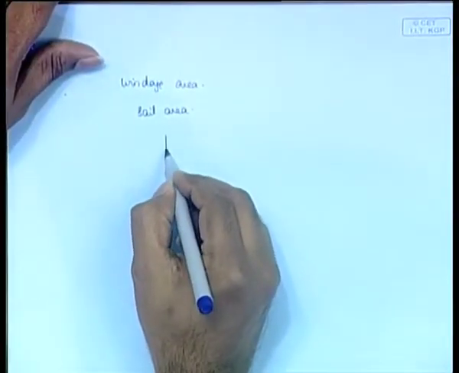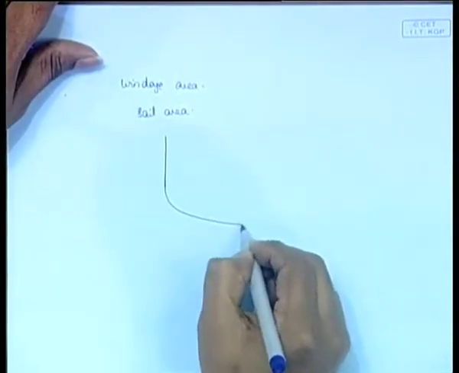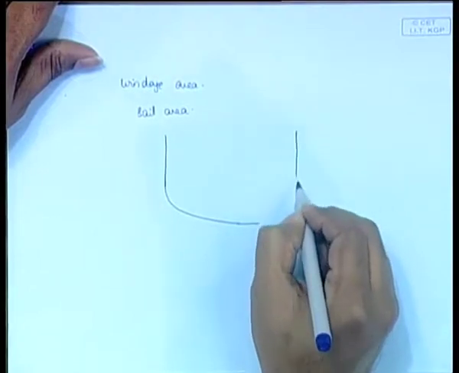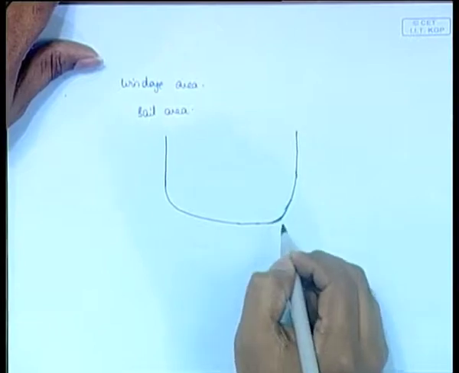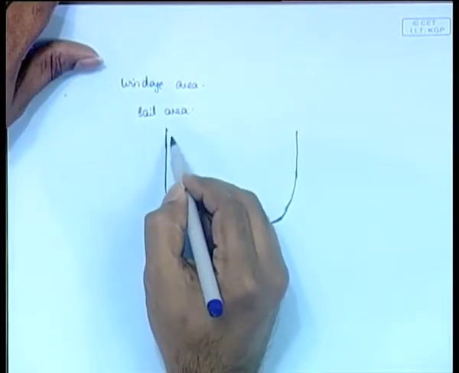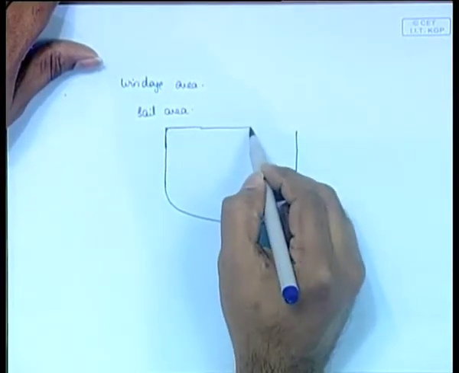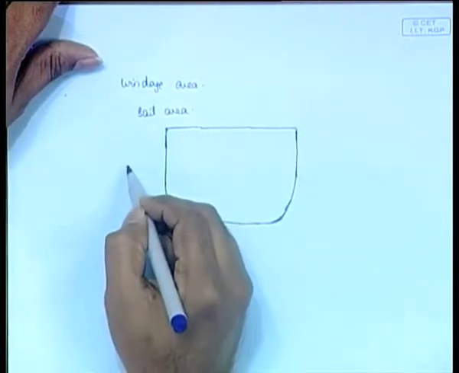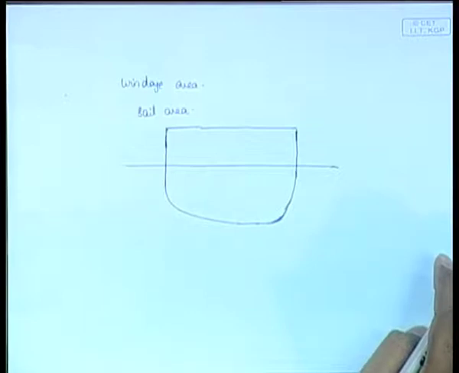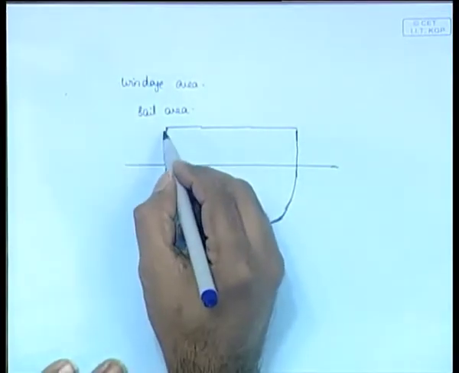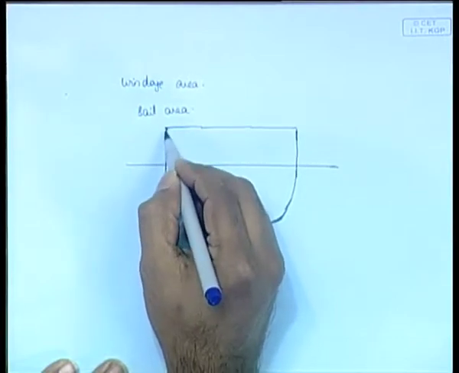Okay. So, it will be like this if you draw it. This region is the windage area.